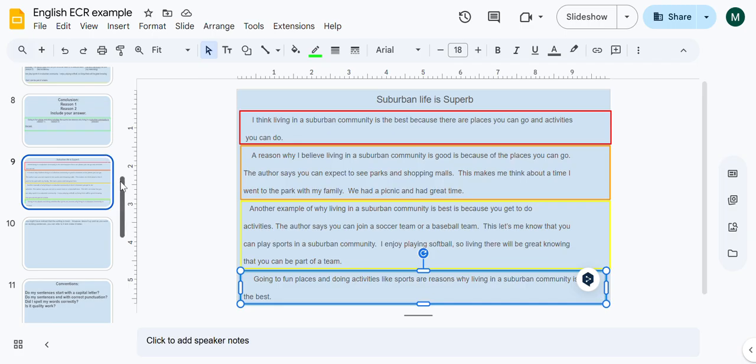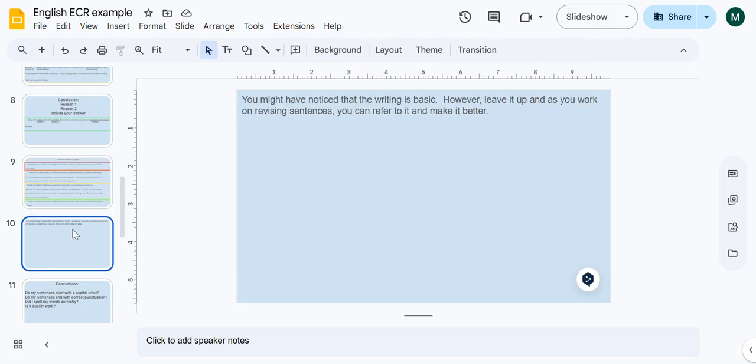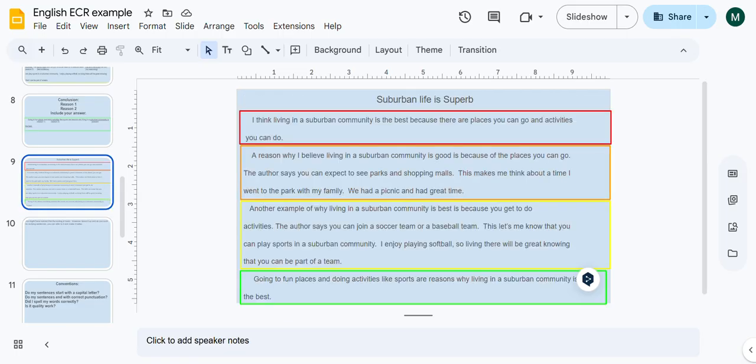Something that I want to mention is you might have noticed that the writing is basic. However, leave this up on an anchor chart, and as you work on revising sentences, refer to this. So if you're teaching kids how to join 2 sentences, or how to use commas in a series or whatever, refer to this basic writing and make it better.